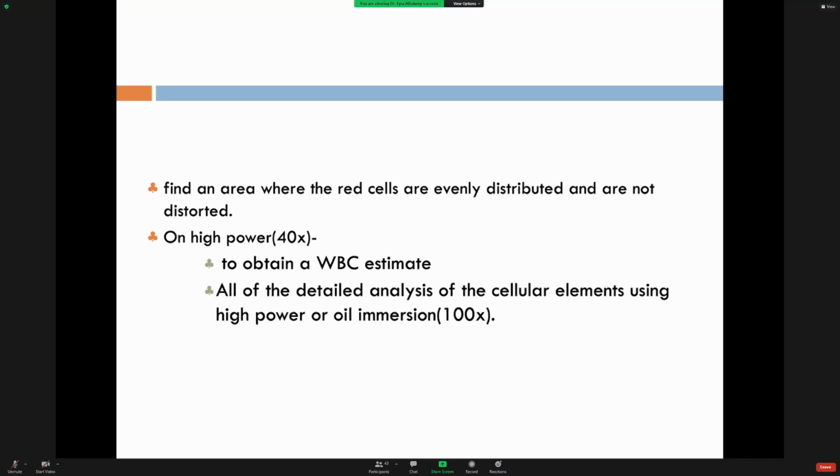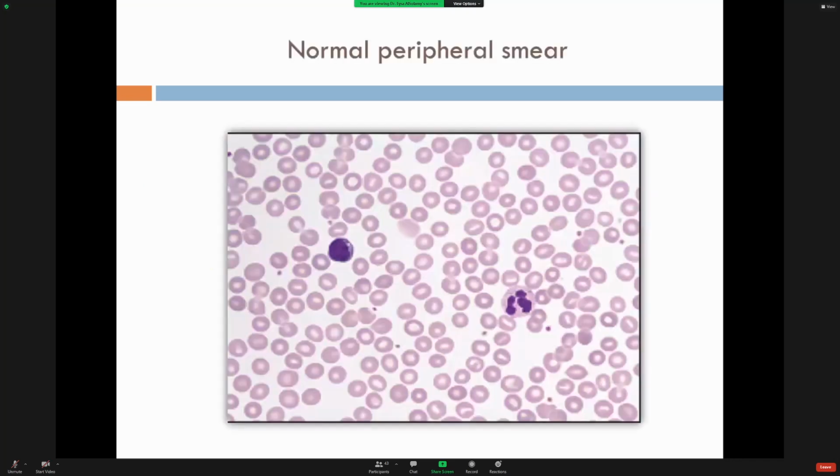On the high powers, you have to obtain it for a white blood cell estimate and analysis. And there is oil, it's called oil immersion. We can use it to more easily look for details of white blood cells. This is how a normal peripheral blood smear looks like.